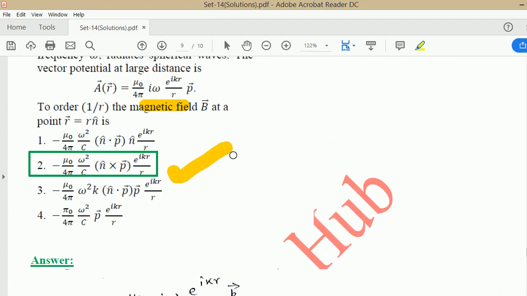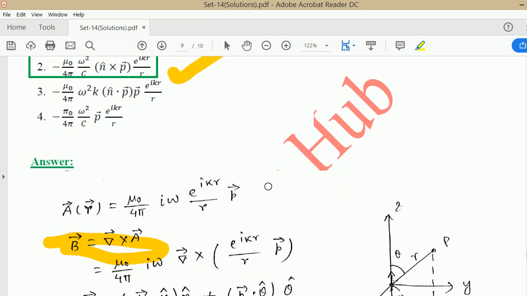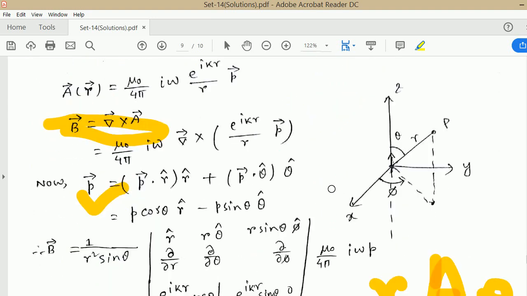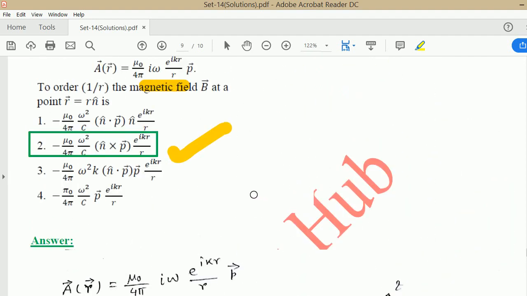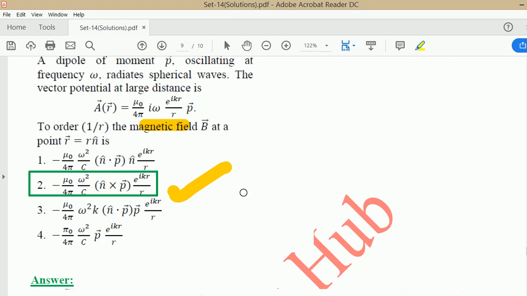So my request is, don't take the risk to solve such a question in the examination hall. My suggestion would be to avoid this electromagnetic stuff. A few questions you can do easily, like Coulomb gauge, Lorentz gauge, those types of questions are very easy to answer.